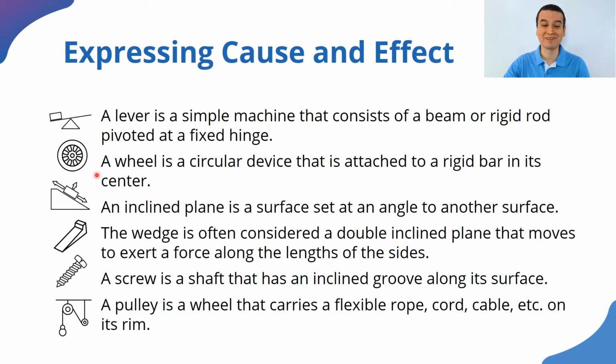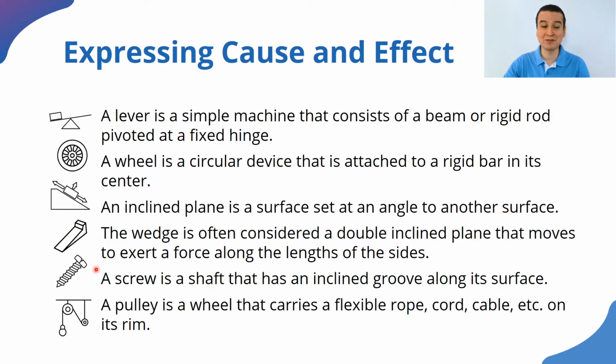A wheel is a circular device, probably the one most known to you, that is attached to a rigid bar at its center. An inclined plane is a surface set at an angle to another surface. A wedge is often considered a double inclined plane that moves to exert a force along the lengths of the sides.